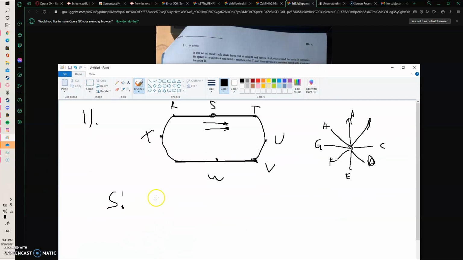It's pretty clear, so we know that it is A and A. So this would be velocity, this is acceleration.